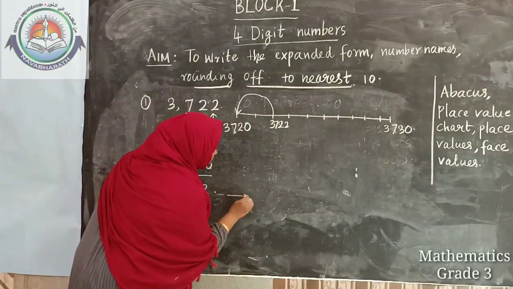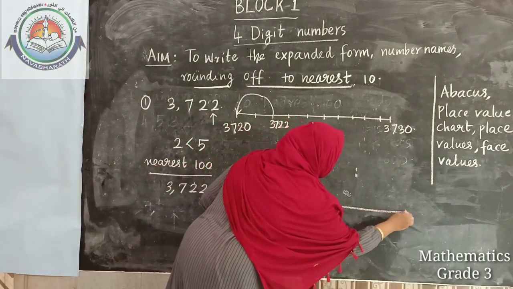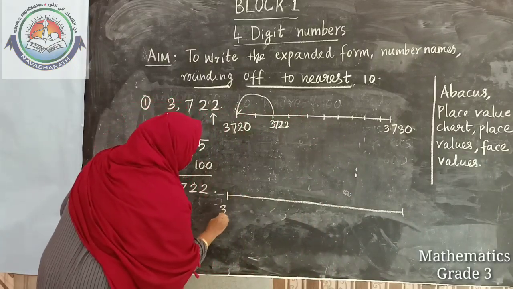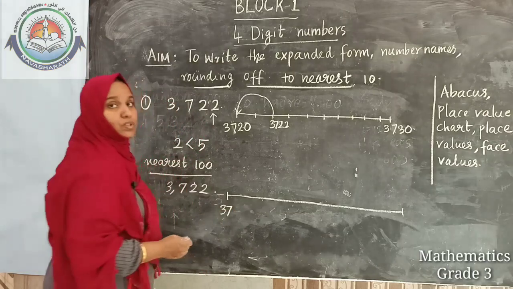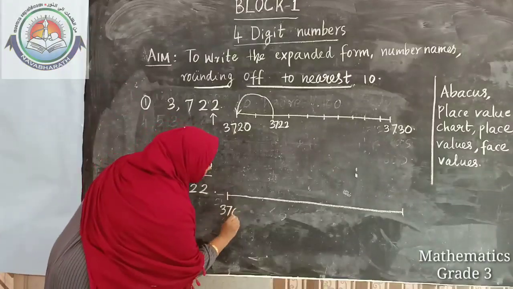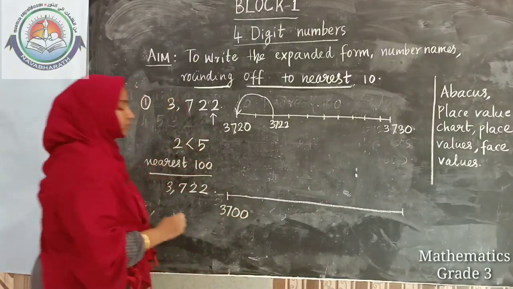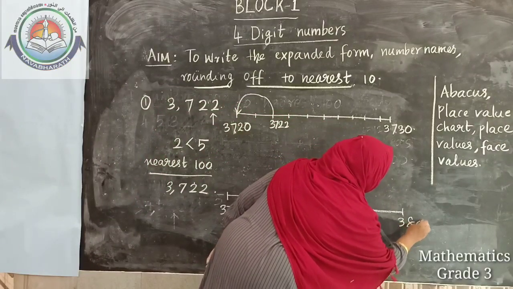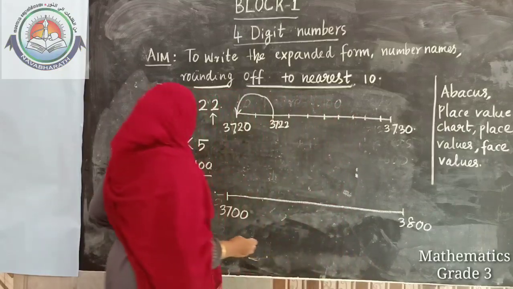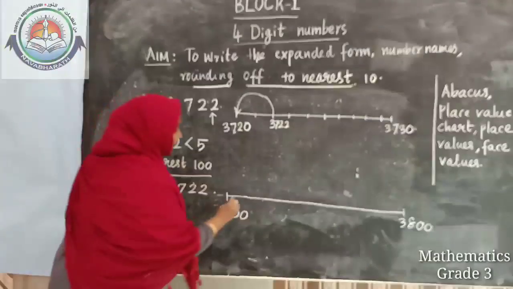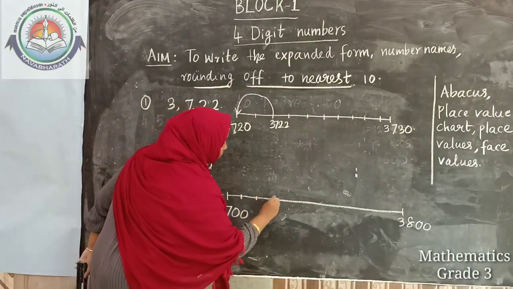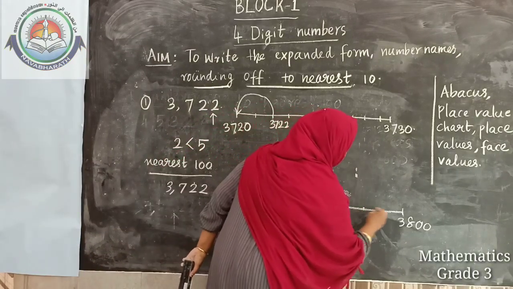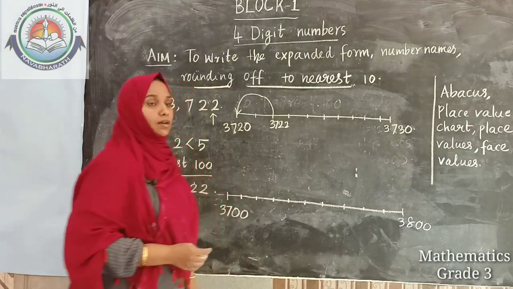So we can draw a number line, and this number lies between which two hundreds? 3,700 and 3,800. 1, 2, 3, 4, 5, 6, 7, 8 and 9. 9 divisions are in between.